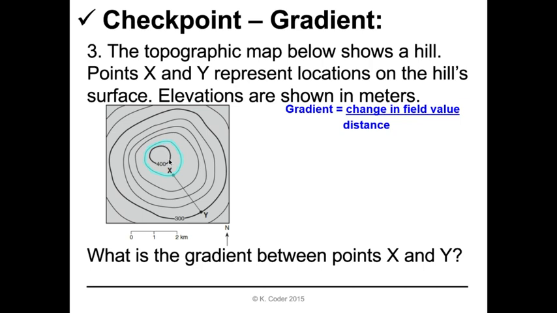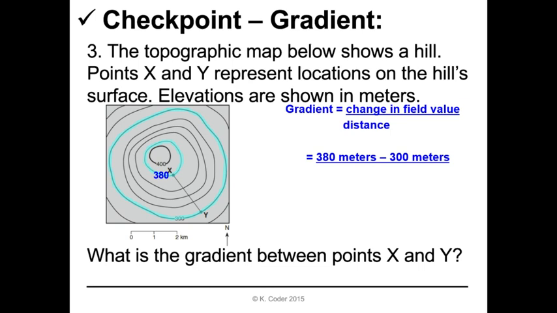Now, if this line is below the 400, we know we're going to subtract 20 from the 400 to see that X's elevation is measured to be 380 meters. Okay, once we have this information, we're able to put it in for our numerator of our equation. So gradient is equal to 380 meters minus 300 meters.